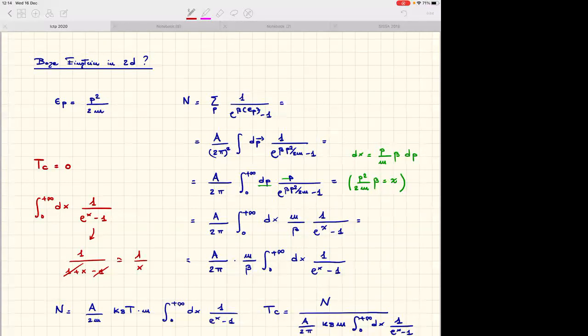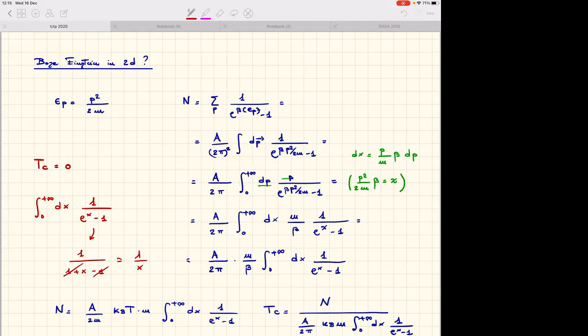So all of this exercise is just to tell you that if you consider Bose-Einstein condensation in 2 dimensions, in principle, you should not expect to have anything like a finite Bose-Einstein condensation temperature in 2 dimensions.